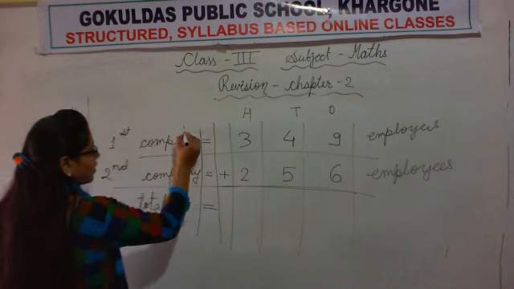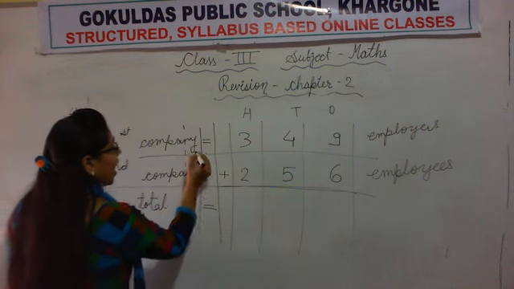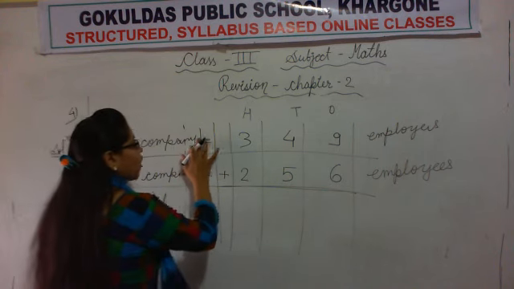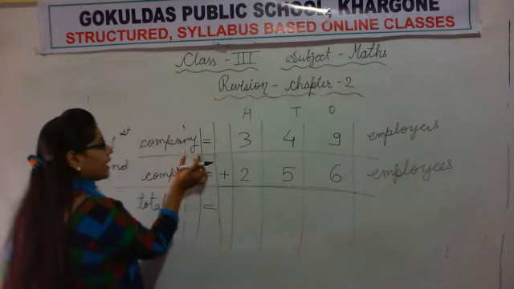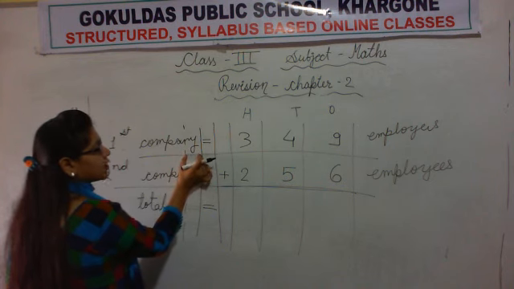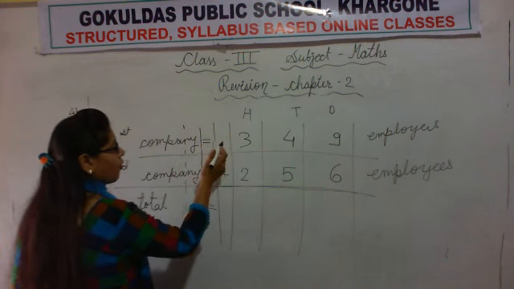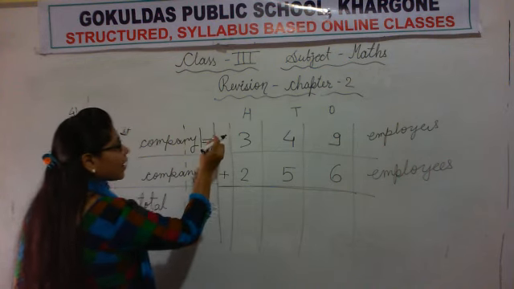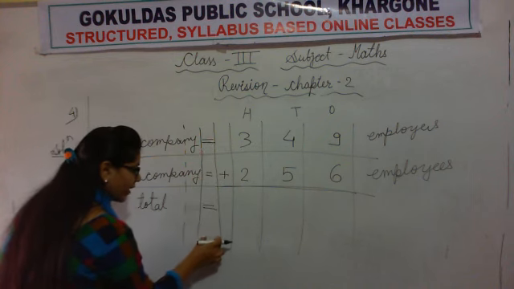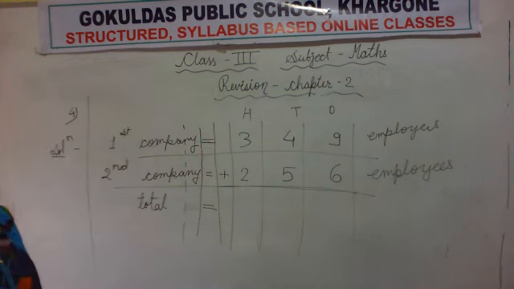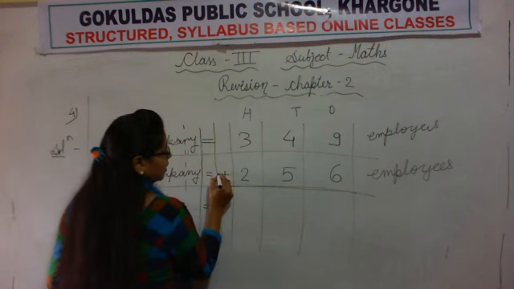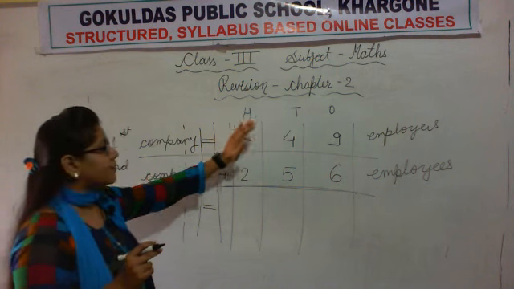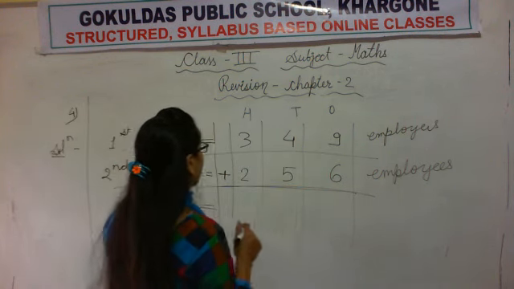Suppose you are writing company till here, so do not put is equals to here. Now if you are completing the spelling in this box, then you will put the symbol in the next box. So all the is equals to you will write in this column only. Now you know the plus symbol will come after is equals to, so leave one box, then start writing the 100s, 10s and 1s.